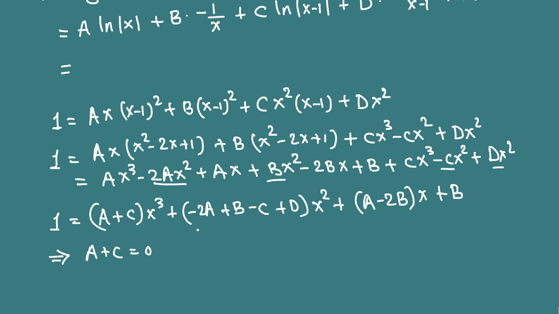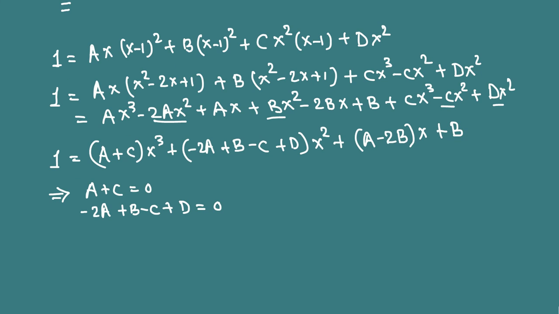In the same way, minus 2a plus b minus c plus d is the coefficient of x squared, and there is no x squared term, so that should be 0 as well. In the same way, a minus 2b is the coefficient of x, we don't have an x term, so that should be 0. And finally the constant b, we do have a constant 1, so b must be equal to 1.